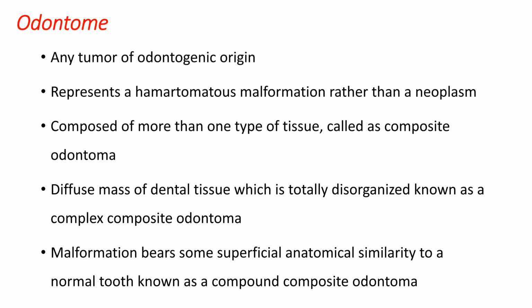Two separate types have been described. The diffuse mass of dental tissue, which is totally disorganized, is known as a complex composite odontoma, whereas the malformation which bears some superficial anatomical similarity to a normal tooth is referred to as a compound composite odontoma.